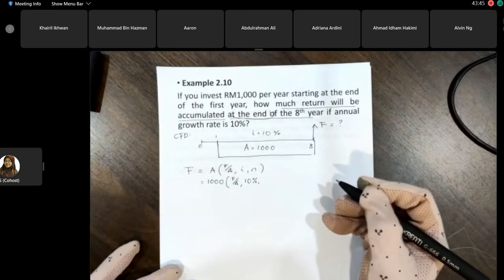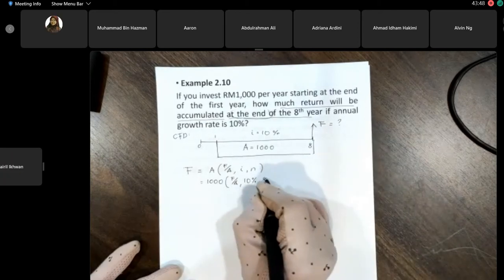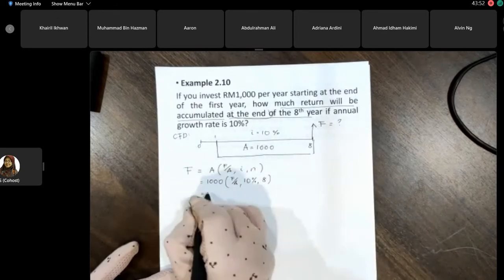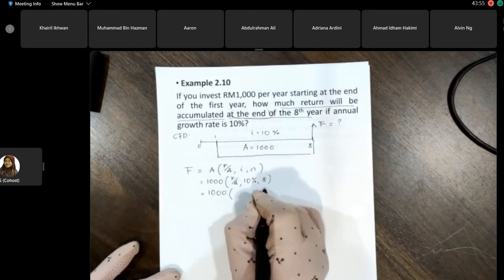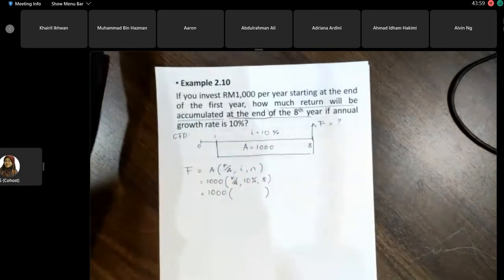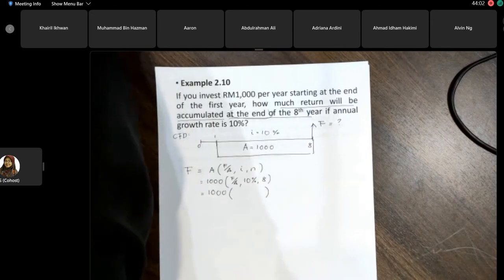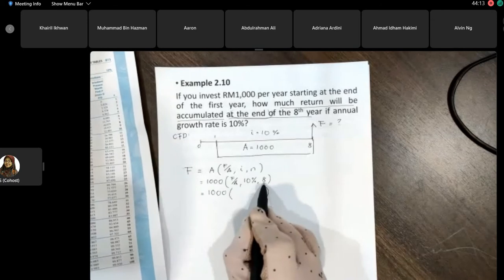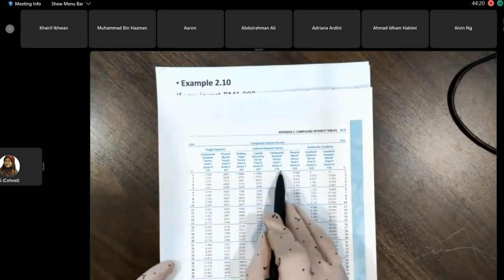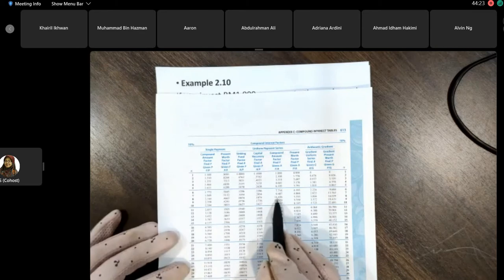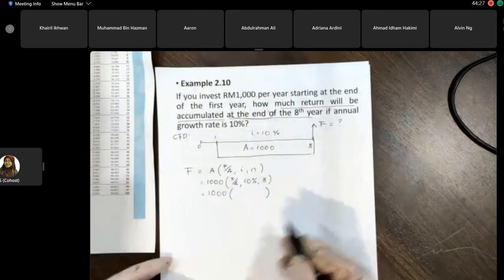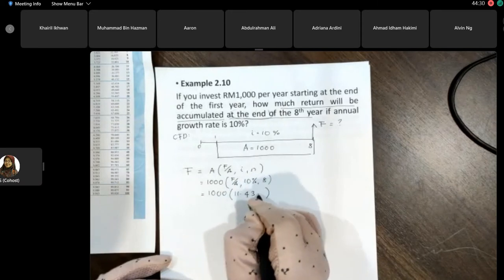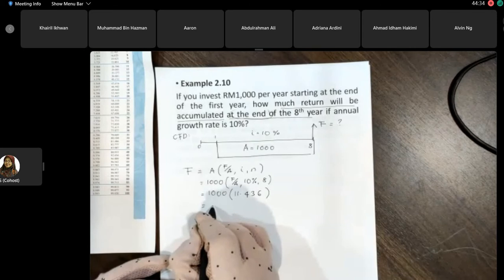Just solve the problem. If you use the table, go through the 10% table, look at F over A, and the year is 8. So 11.436.